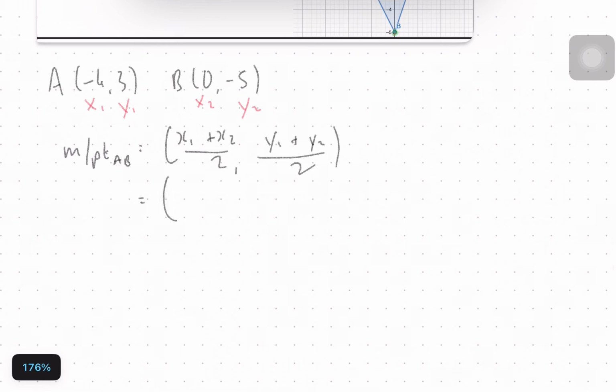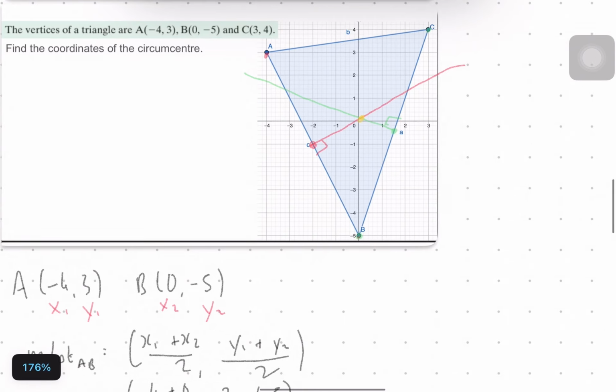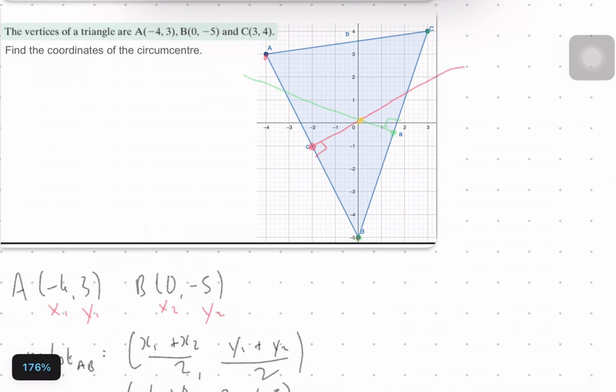So that is -4 plus 0 over 2, 3 plus -5 over 2. So -4 over 2 is -2. 3 plus -5 is 3 minus 5, that's -2. -2 divided by 2 is -1. So the midpoint of AB is -2, -1, and that's where I estimated it would be.